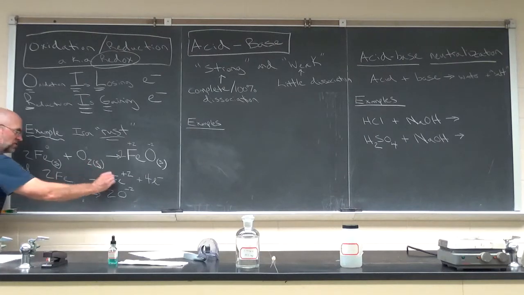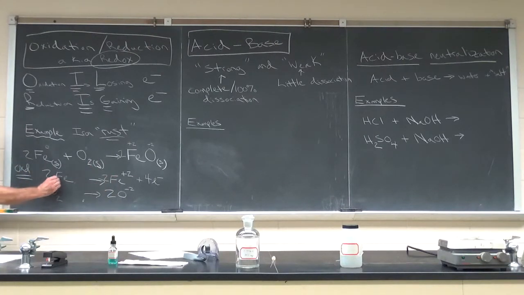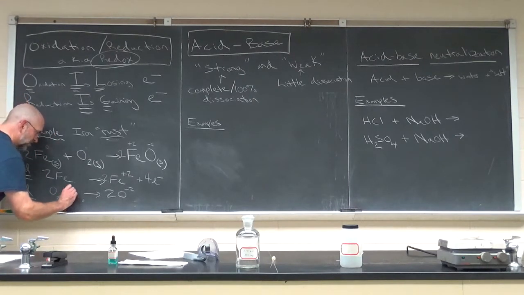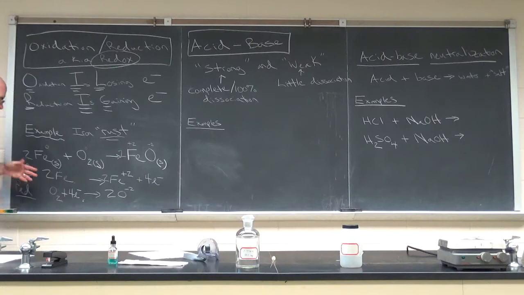Iron is losing electrons to go from 0 to +2. Well, the only choice for oxygen is that it must be gaining electrons. It's going from 0 to -2, so it's gaining electrons. It's actually gaining 2 electrons, and that's happening twice. So oxygen is gaining 4 electrons. I don't want to get hung up on that. So you lose electrons, you gain electrons. And that's one example.